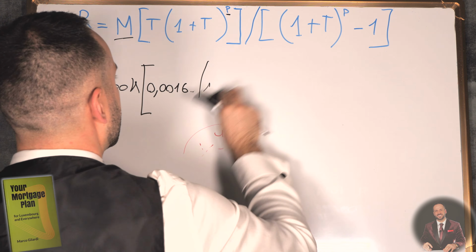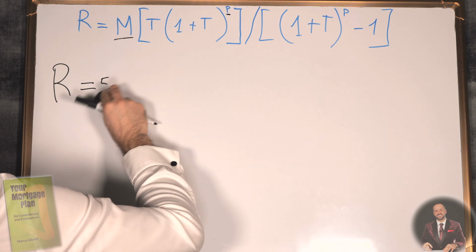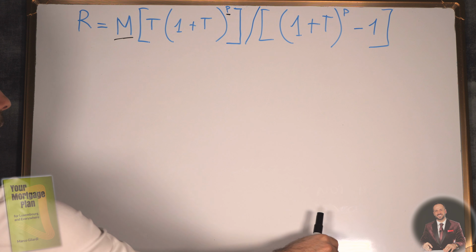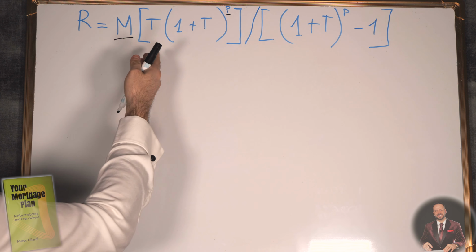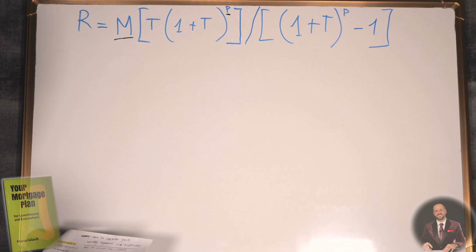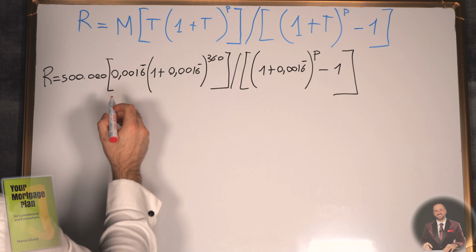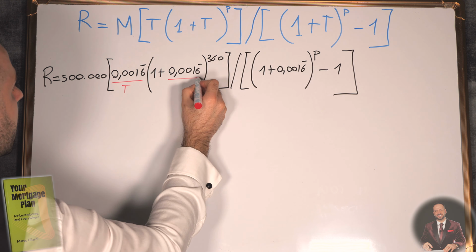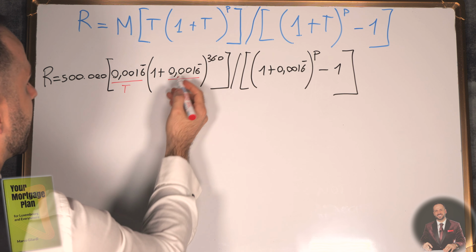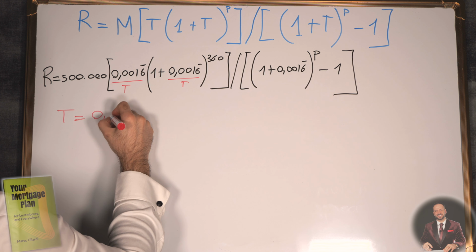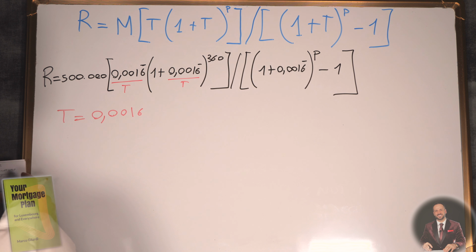Next step. So now we have our formula full of our values, and we just need to understand how we are going to start first with this one. Here we can see this is our T. Here our T. Of course, here the right T value is this 0,0016.